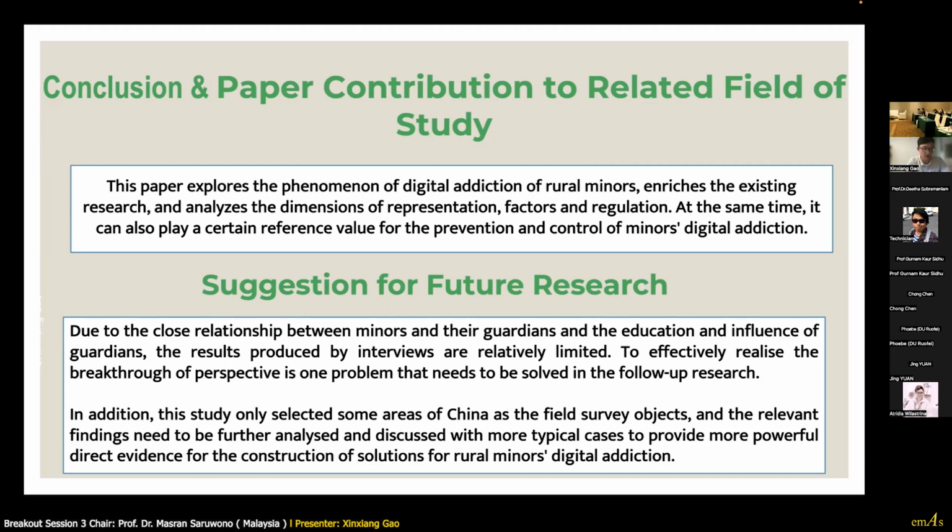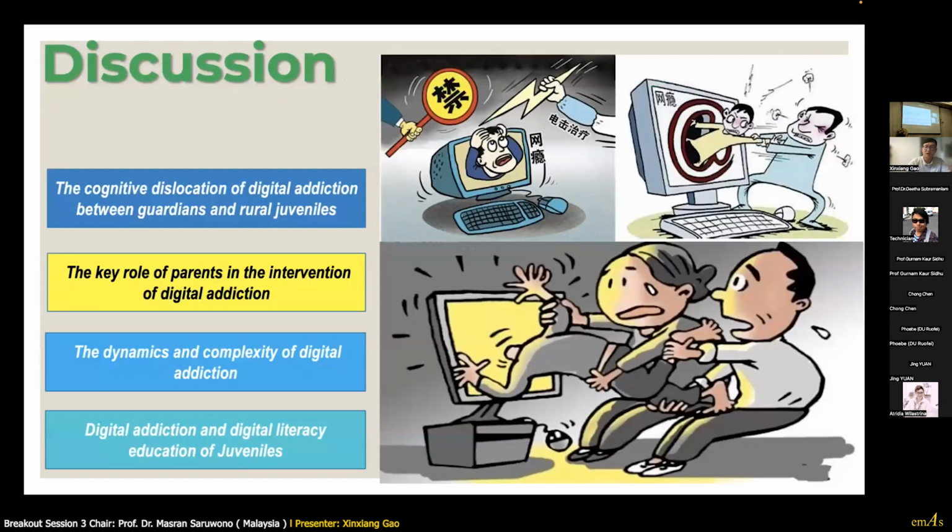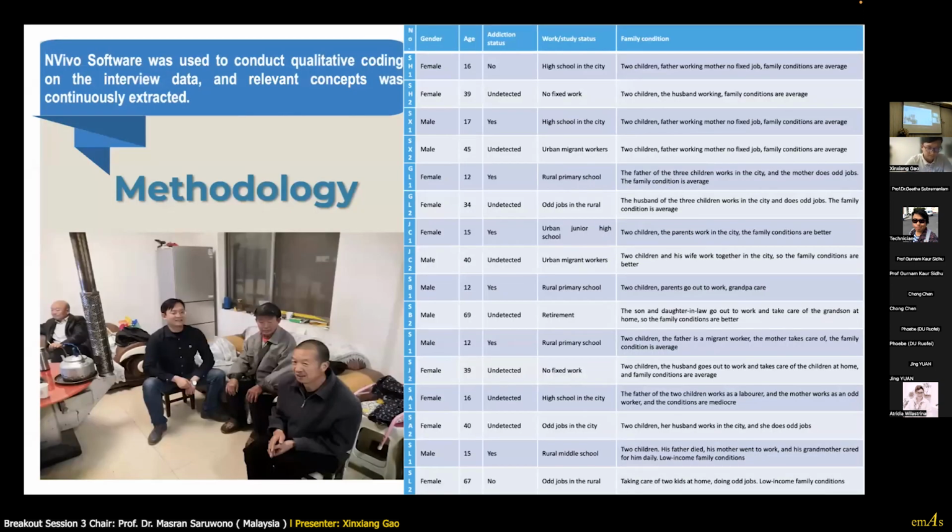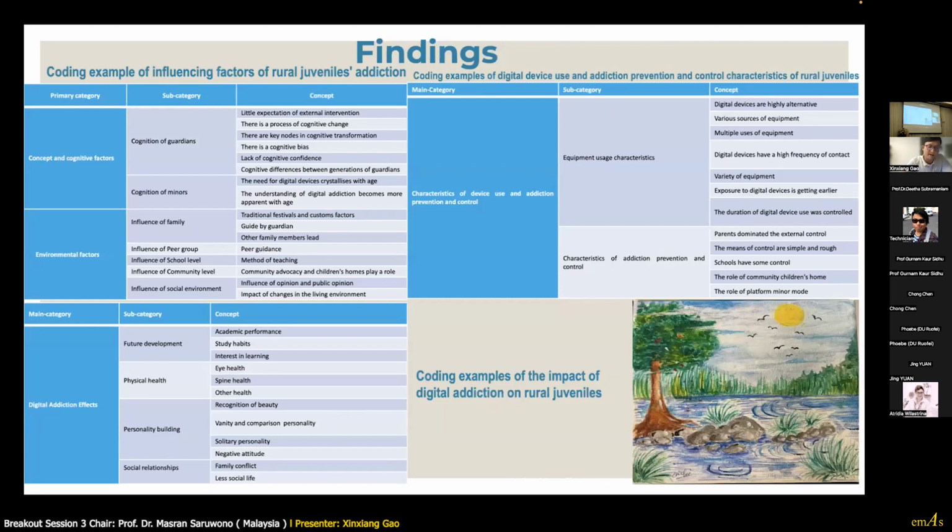Thank you for the question. In the interviews with juveniles, the research found that some juveniles insisted that they were not addicted, but their guardians said that the juveniles were already severely addicted to their smartphones.